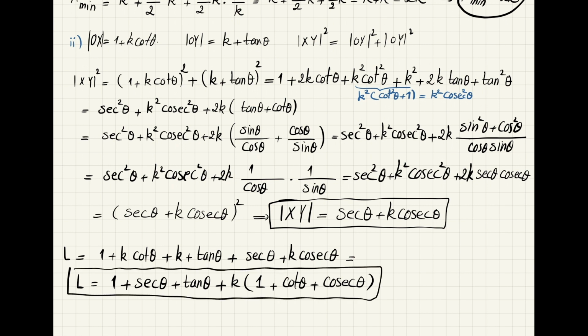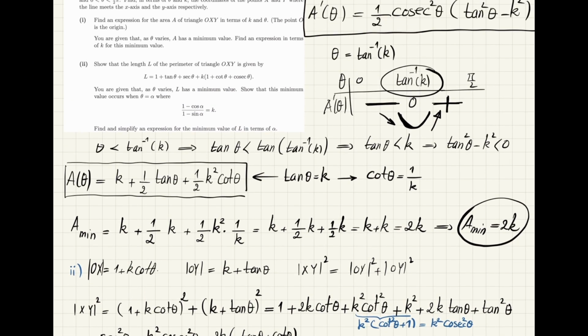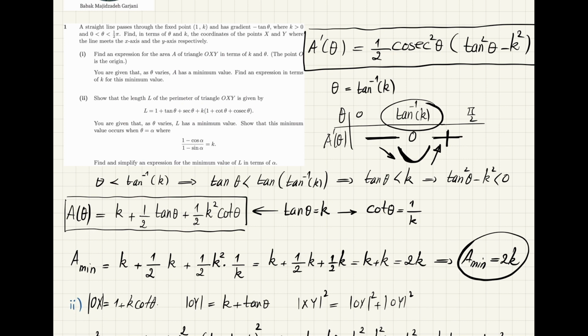Okay? Now let us see what is wanted more here. Okay, you are given that as theta varies, L has a minimum value. Show that this minimum value occurs when theta is equal to alpha, where (1 minus cosine alpha) over (1 minus sine alpha) is equal to k.